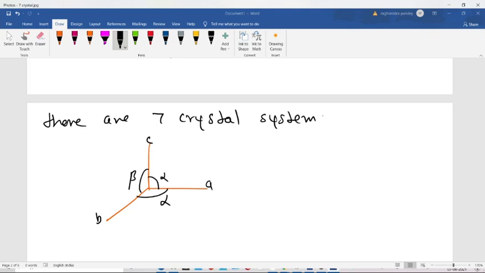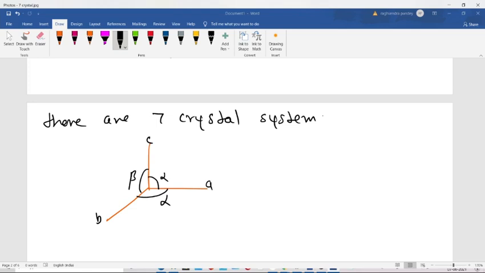Then is the monoclinic. Monoclinic has dimensions A, B, C not equal to each other, and alpha and beta are the same, that is 90 degrees. Oh, sorry, alpha and gamma or beta, whatever you say. The third angle is not equal to 90 degrees, so it is slightly tilted.